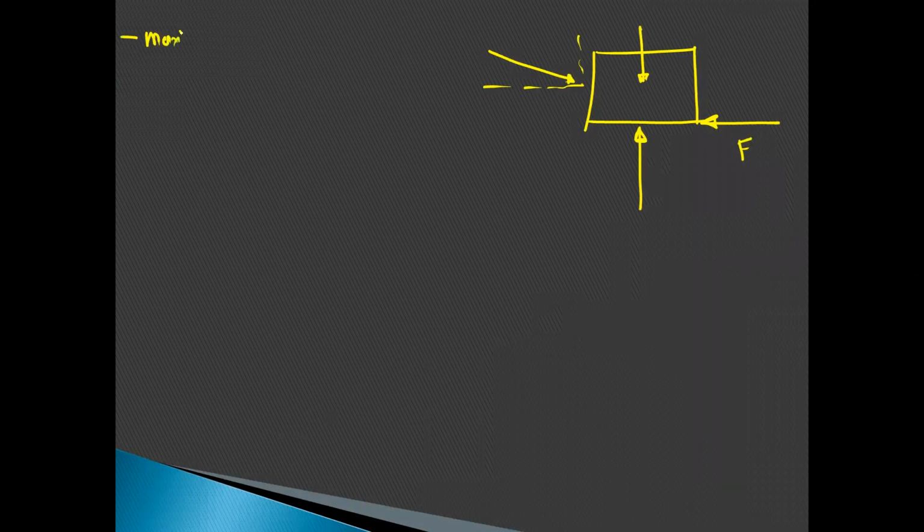So the maximum frictional force the surface can offer is the limiting condition. F max is equal to mu s into normal reaction. So this much force this surface can offer.